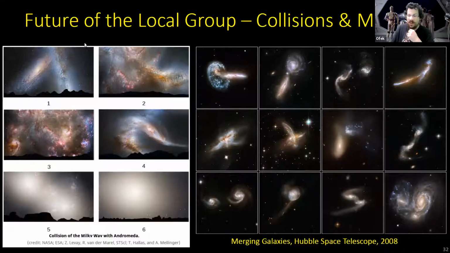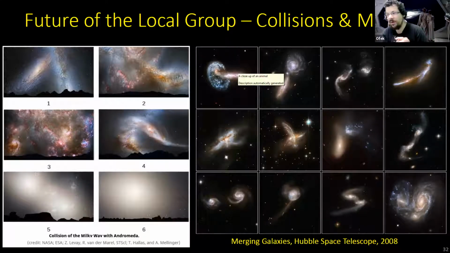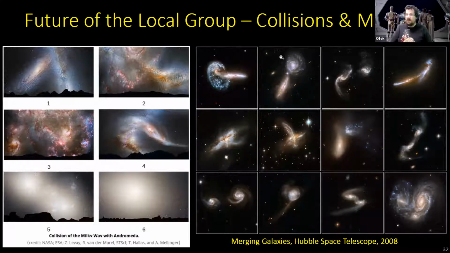Galaxies do merge. Here on the right, we have actual images from the Hubble Space Telescope, not of the same pair of galaxies, because obviously two galaxies crashing together is a process that takes billions of years, or hundreds of millions and billions of years. But we have enough galaxies in the universe to be able to get these kind of sequence or various snapshots in time of many, many types of collisions between pairs of galaxies.